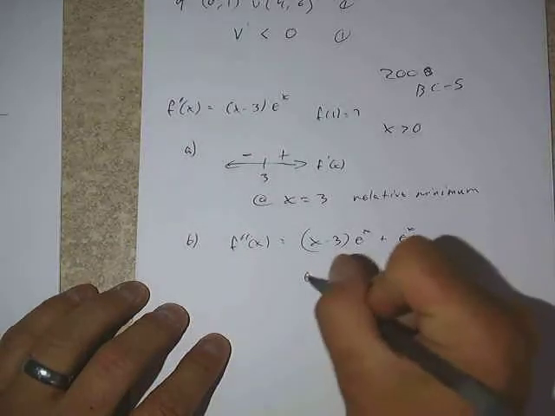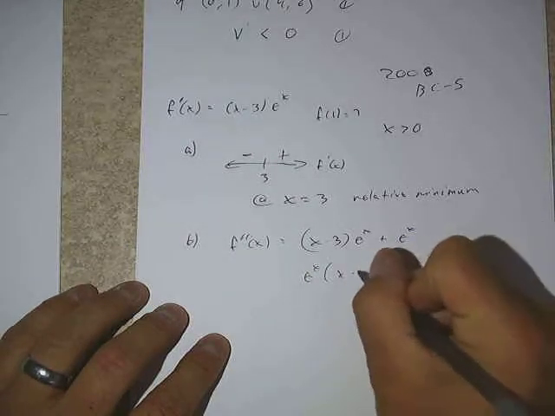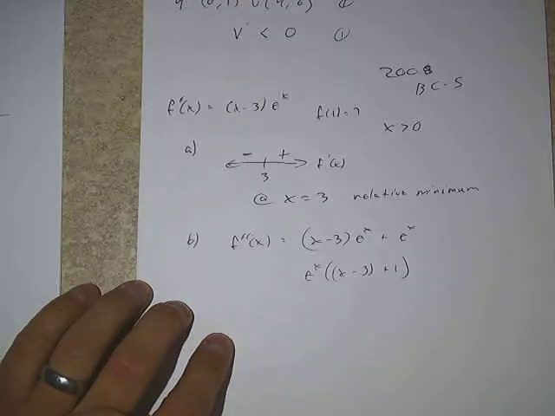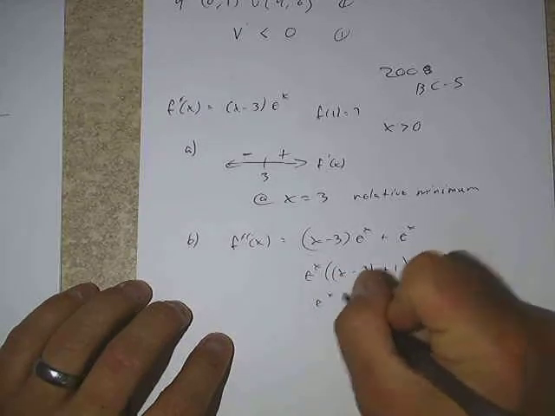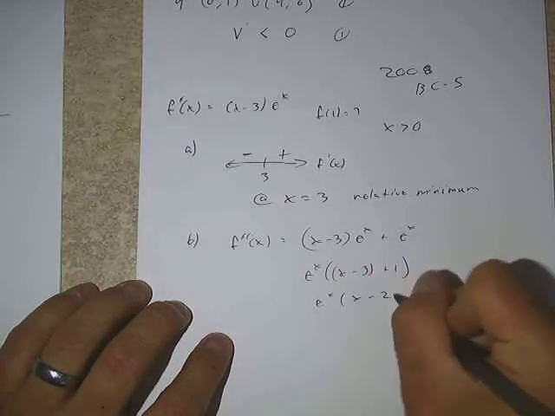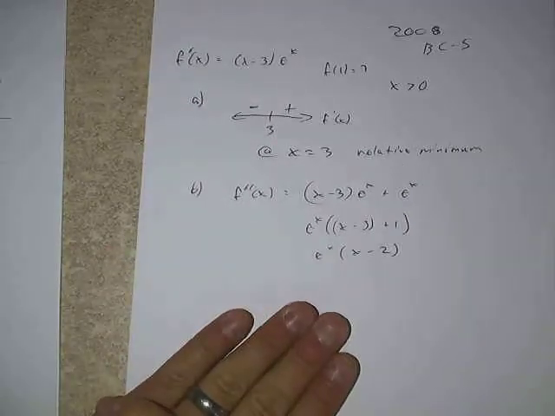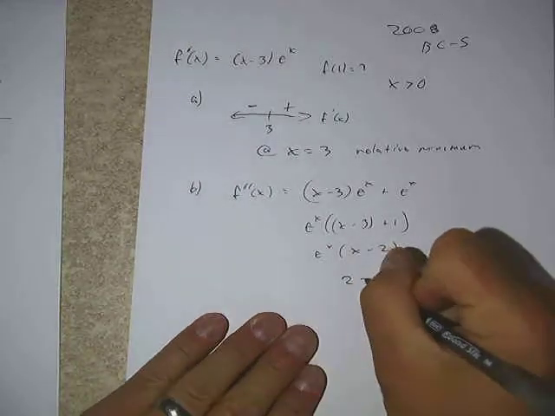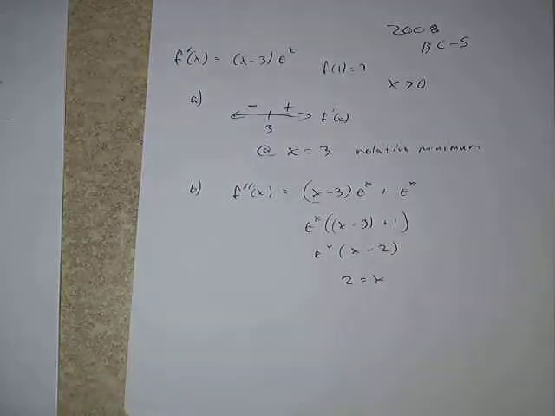So we're going to need the second derivative here. So if we go ahead and find the second derivative, we do the first times the derivative of the second plus the second times the derivative of the first, we'd have that as our second derivative. And these two both have an e to the x in common, so I'd factor that out. I'd be left with x minus 3 plus 1.